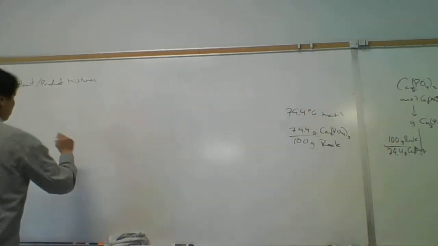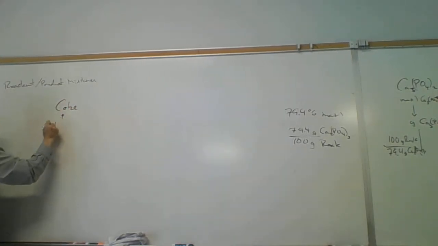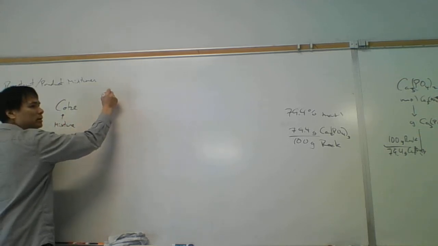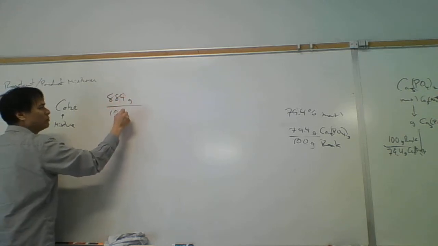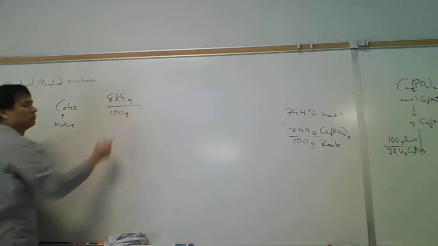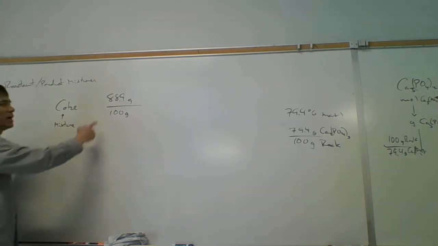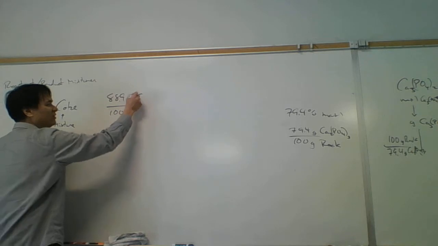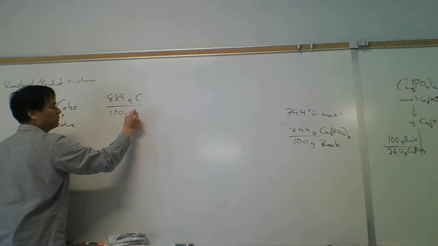And so let's start off with the percentage first this time. We have coke. Coke is a mixture. And coke is 88.9 grams of what per 100 grams of what? 88.9 grams of carbon per 100 grams of coke.